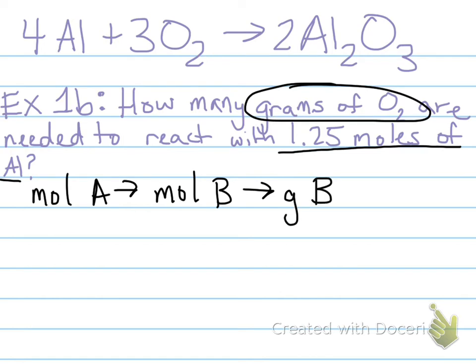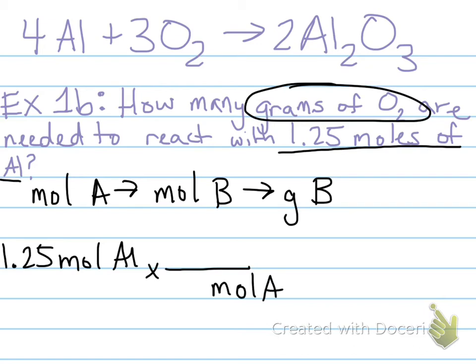Okay, so we start with what our given is, 1.25 moles of aluminum. If moles of aluminum is on top, in order to cancel it out, it must go on bottom. So our moles of aluminum will cancel out, and we are converting from moles of aluminum into moles of oxygen.